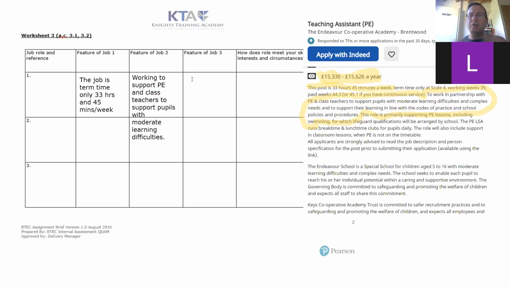So there you are. Okay, so you get the idea. So essentially, what would be good is if we could also find out the exact skills and the sort of person qualities that they want. That can be your feature number 3.